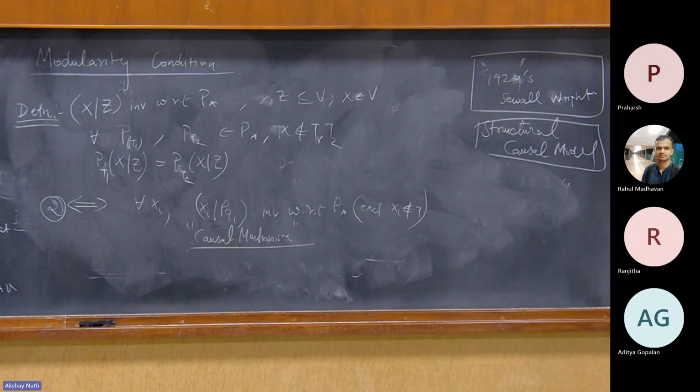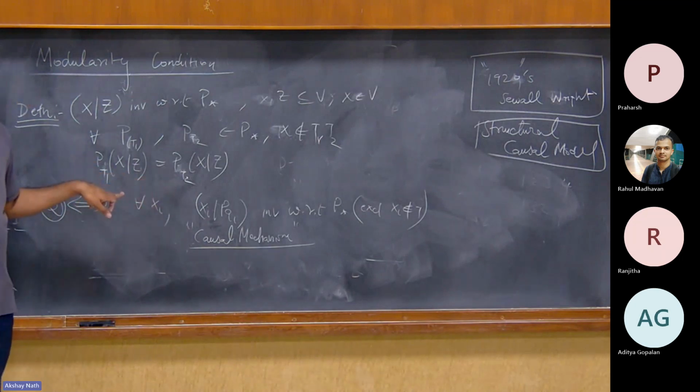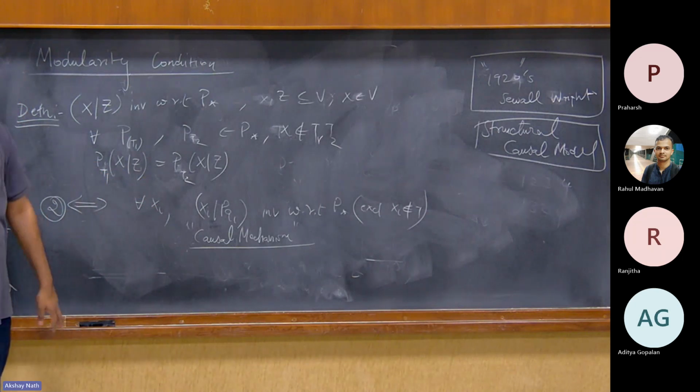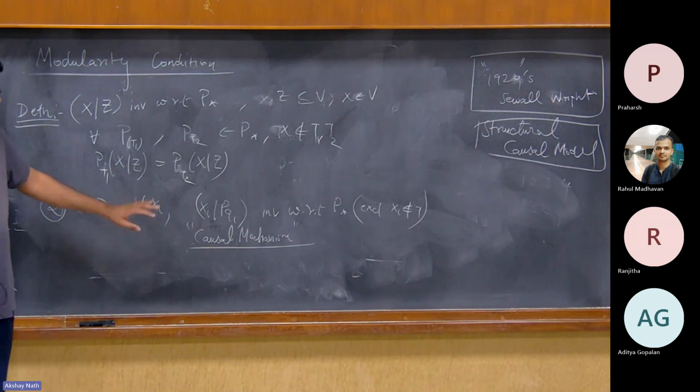I cannot create T1 equal to T2 equal to Z. T1 is equal to T, meaning you are intervening on the same set. Yeah, but I'm changing the domain, changing the value I'm going to. Yeah, you can. Then one will be inconsistent, another will be consistent.